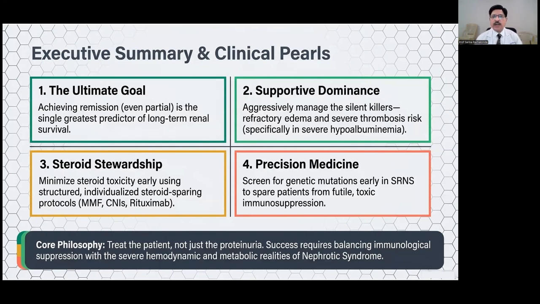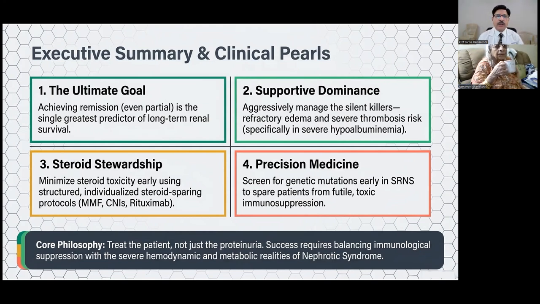Precision medicine: screen for genetic mutations early to spare patients from futile toxic immunosuppression. Core philosophy: treat the patient and not proteinuria. Success requires balancing immunological suppression with the severe hemodynamic and metabolic realities of nephrotic syndrome.